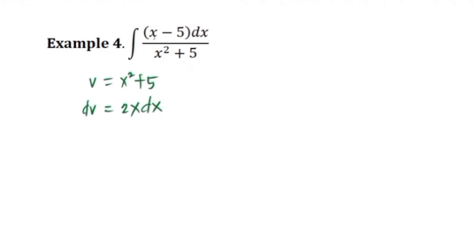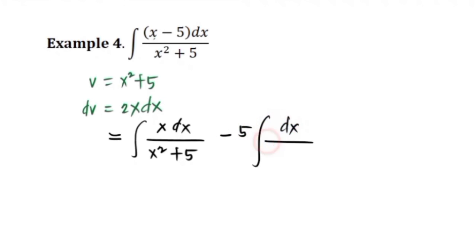So, yung gagawin natin is i-separate natin yung dalawang term sa ating numerator. So, we have the first term, the integral of x dx over x squared plus 5, minus yung second term natin, so that's 5 times the integral of dx over x squared plus 5. So, for the numerator, since yung derivative dapat ng denominator natin is 2x dx, so dito may x dx na tayo, kulang na lang tayo ng 2.